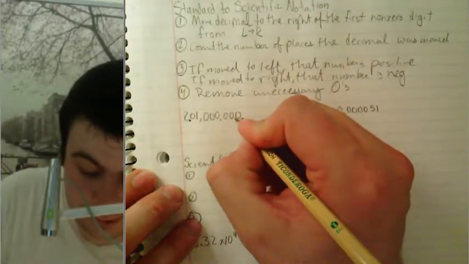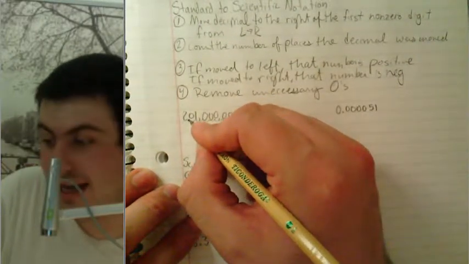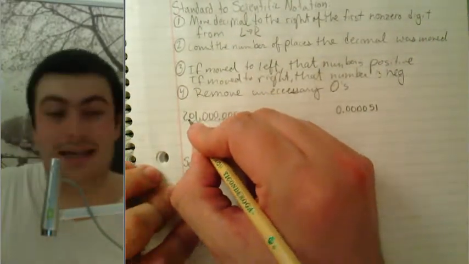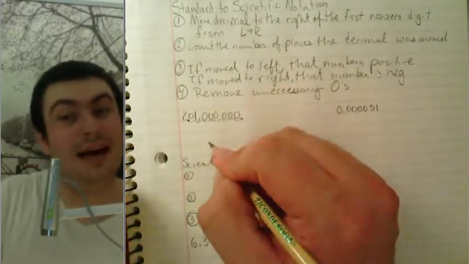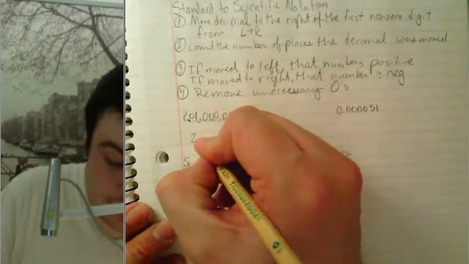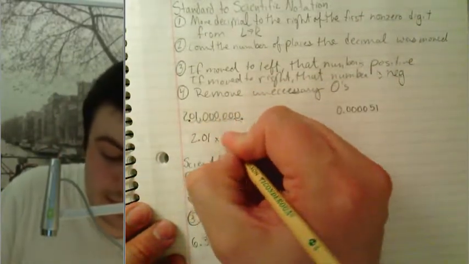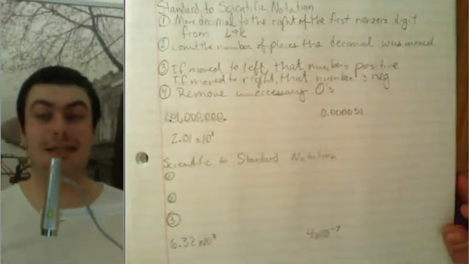We moved it 1, 2, 3, 4, 5, 6, 7, 8 places. And we moved to the left, so that 8 is going to be positive when we rewrite this as 2.01 times 10 to the 8.